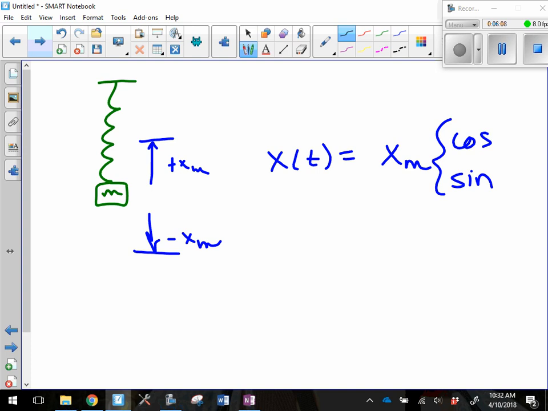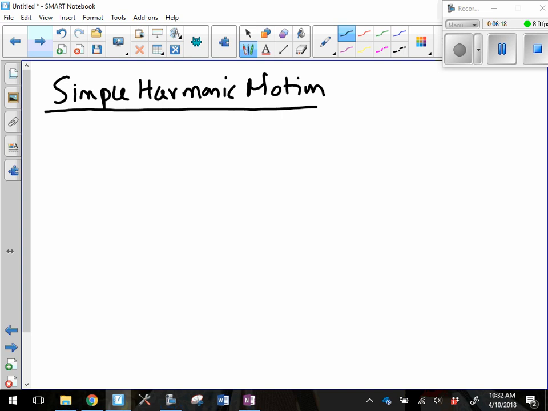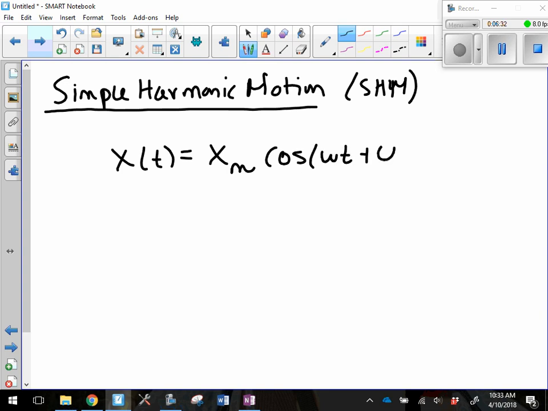And so we say that simple harmonic motion, which is what we're going to talk about in this chapter, is described by this equation, where x of t is equal to xm times cosine of omega t plus phi.